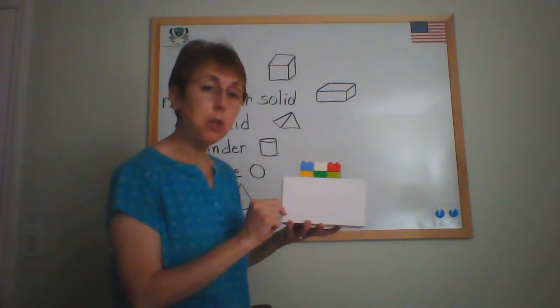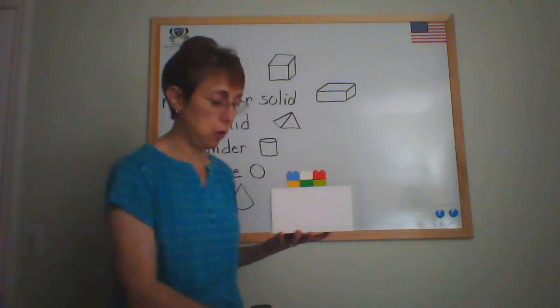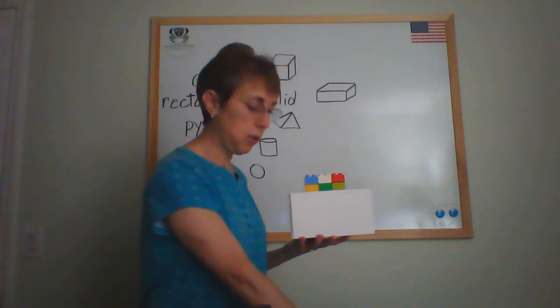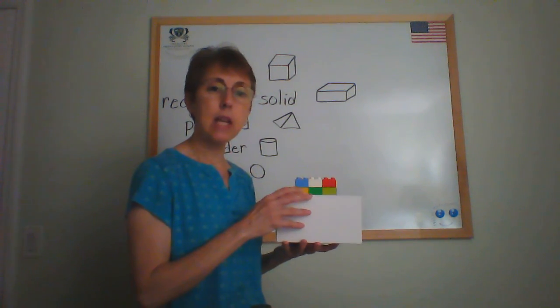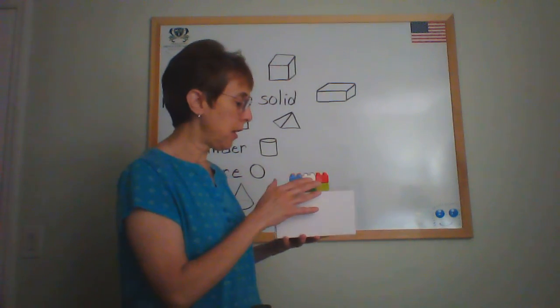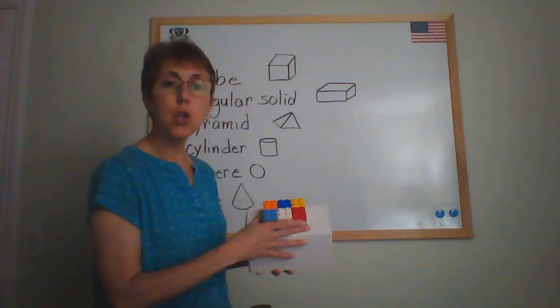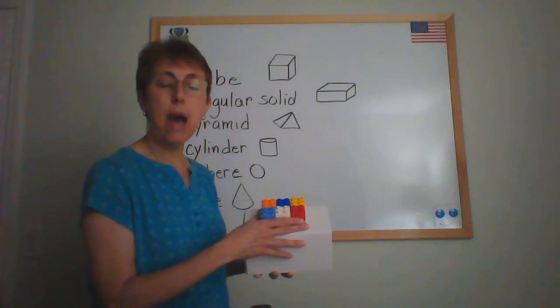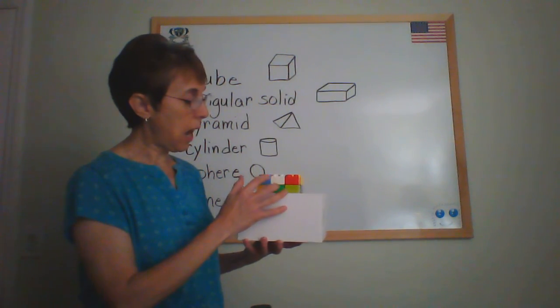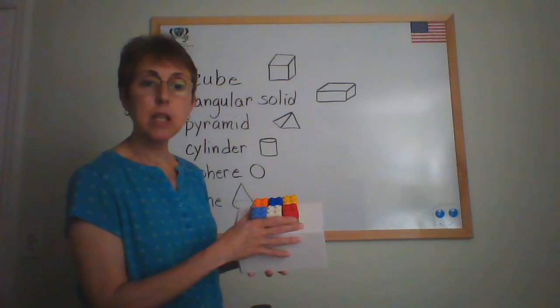But what you also have to notice when you look at the picture, and it'll be easier when you look at the picture in your book, page 464, is that when you look at that rectangular solid made up of cubes, the way it's drawn, and I'm just going to tilt this slightly, you can see that there is a back row. Behind what you're seeing here in front, there is another row.